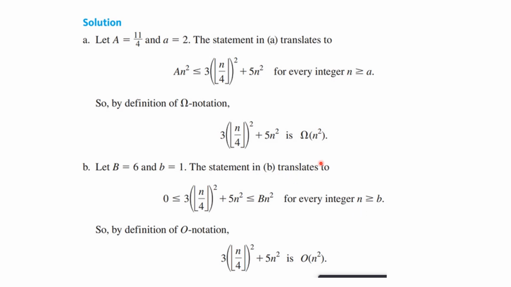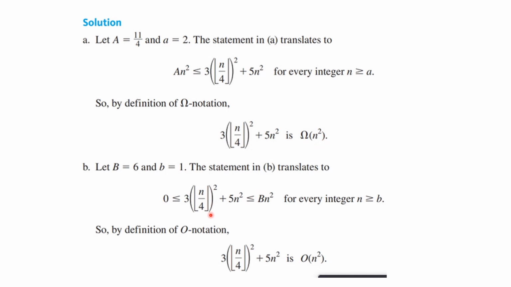Okay, so we can find that since capital A is 11 over 4, and lowercase a is 2, the statement translates to this for every n bigger than A. So what we can say is that since this is bigger than A, we have 3, and this is less than n squared, so the sum of this is going to be omega of n squared.